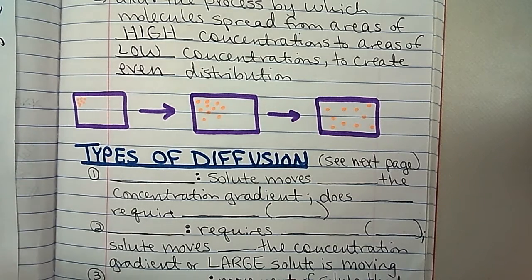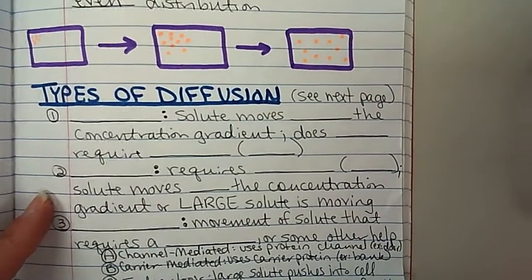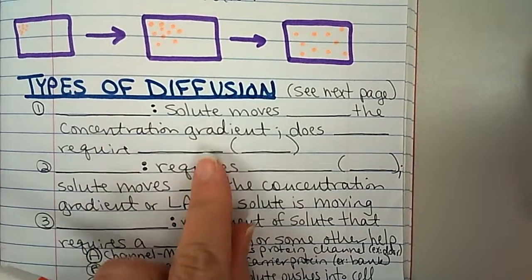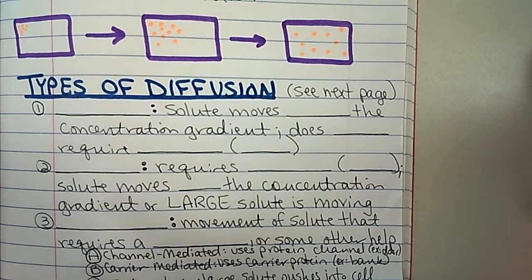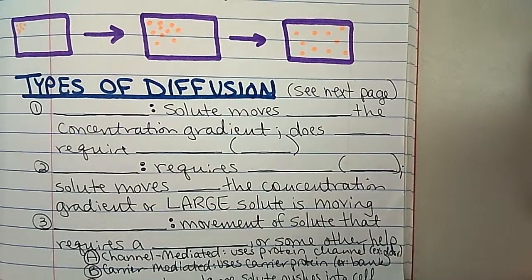Everything that we eat, we would never get nutrients from our food. So all of this has to happen. Let's look at a couple of different types of diffusion. I'm going to show you on the paper as I go through these. You'll have to pause and color in your paper, but I'm going to show you these as we move through.